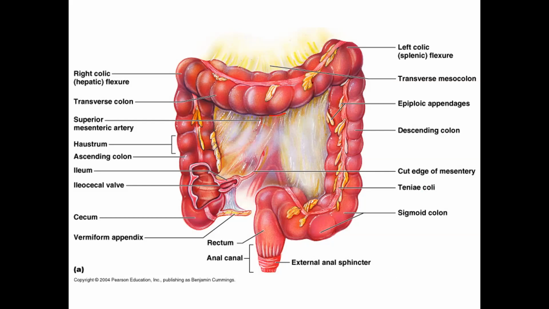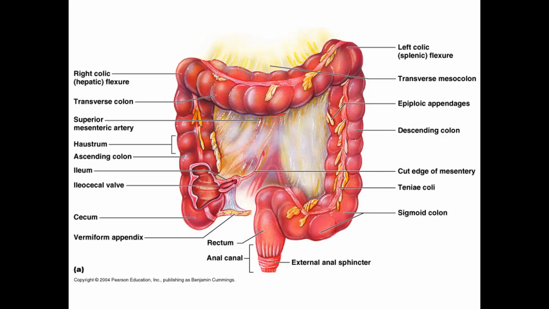Also on the surface there are some appendages, epiploic appendages, kind of like fat drops. We don't really know the function of that, but we have this structure. And this part is the appendix. We already know this is where the small intestine connects to the cecum, the beginning of the large intestine.